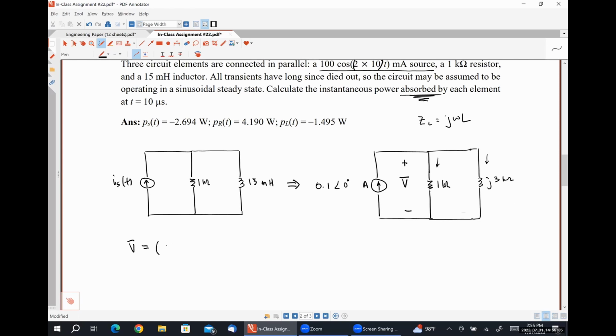So to me, this is going to look like 0.1 angle 0 degrees amps, and then my parallel impedances. So I'm going to have 1 kiloohm times j3 kiloohms divided by 1 kiloohm plus j3 kiloohms. We throw that in my calculator.